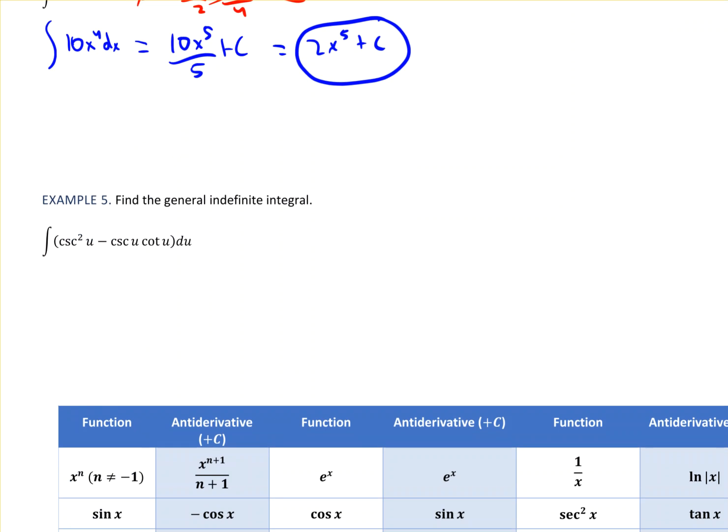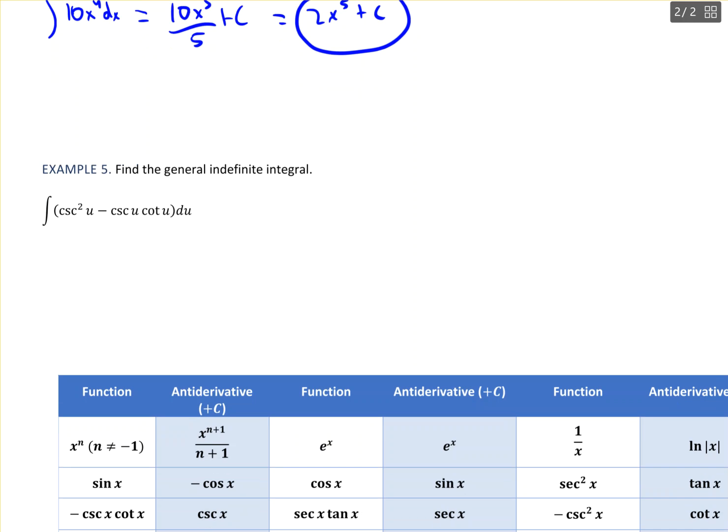This guy, cosecant squared u minus cosecant u cotan u. So if we look at this, we can split it up as integral of cosecant squared u plus the negative cosecant u cotan of u du. So what's the antiderivative of cosecant squared of u?